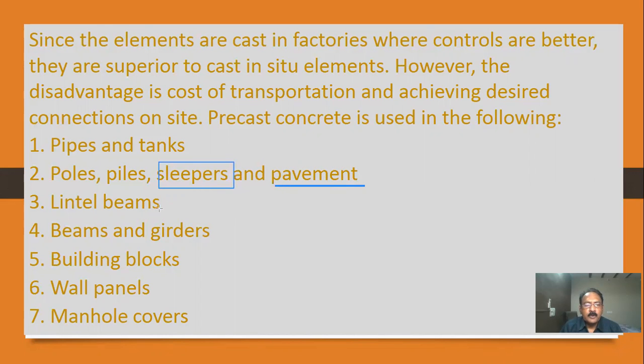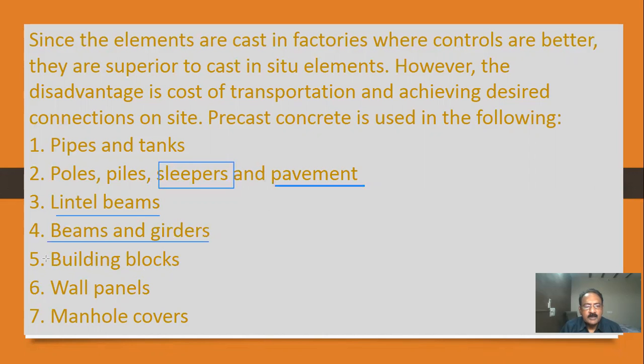There are also pavements and lintel beams. Above the windows we have lintel beams, which are small sizes. Beams and girders are big ones, so their transportation is somewhat difficult. We have to use big cranes, and the cost increases only in transportation.